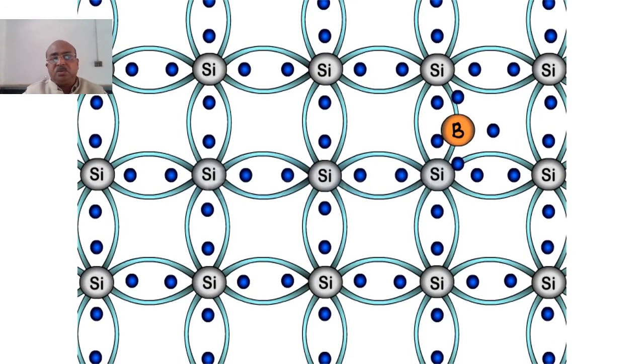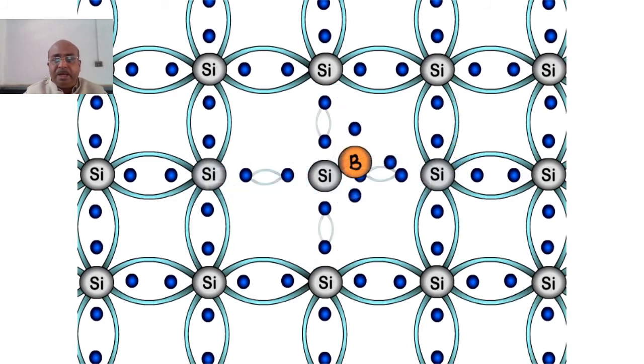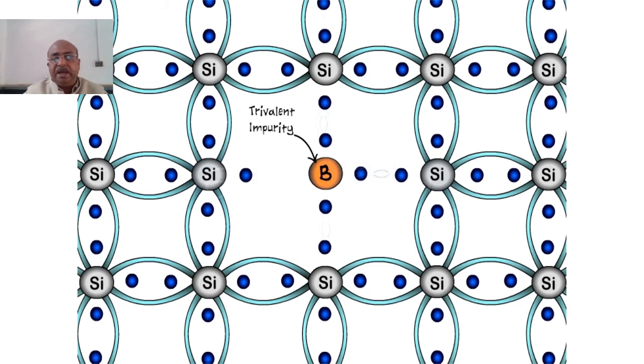Now what happens when a boron atom is doped into the silicon? That boron comes with 1 electron less, and it shares with the neighboring 3 silicon electrons while one space is vacant.